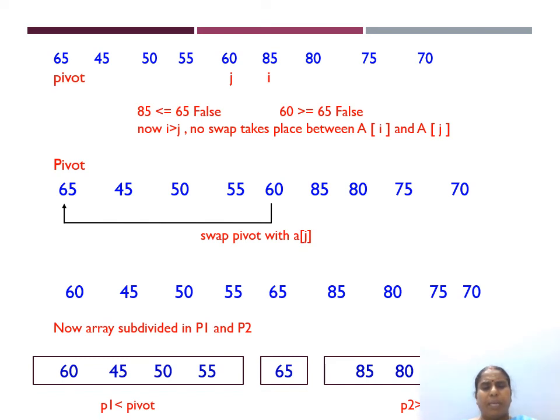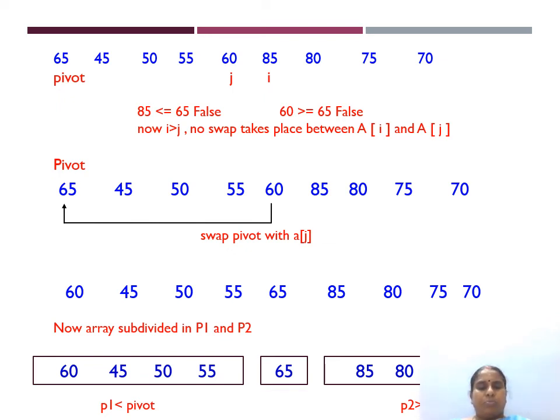After we make the interchange, we are getting two subarrays now, P1 and P2. The pivot 65 is in the center, which is the partition exchange procedure.